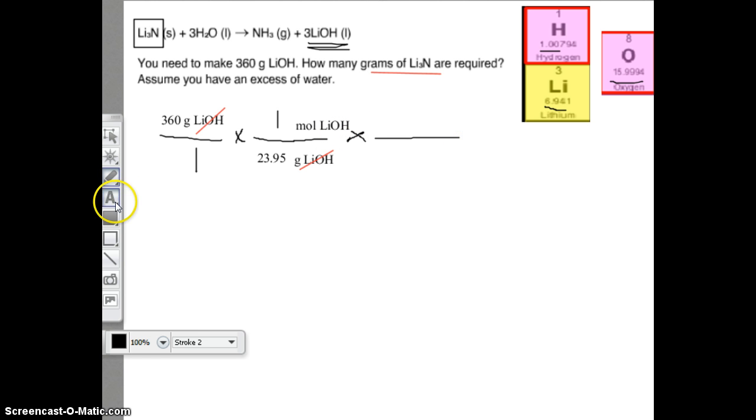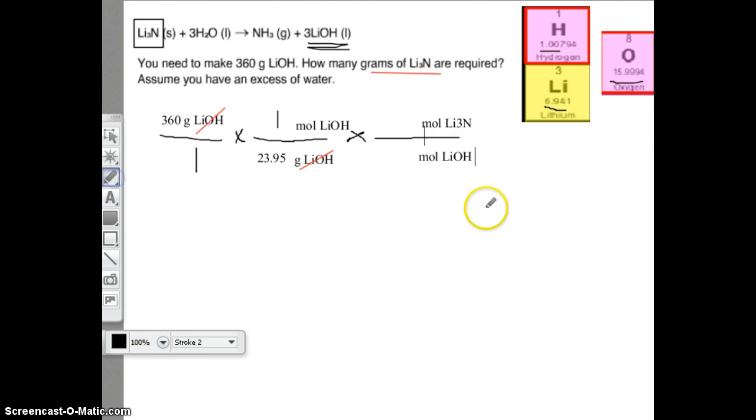All right, so what has to go on the bottom of my next fraction? Moles lithium hydroxide. And what am I going to? Well, I went lithium nitride. Okay, and how do I convert from one chemical to the next? The magic of the mole.